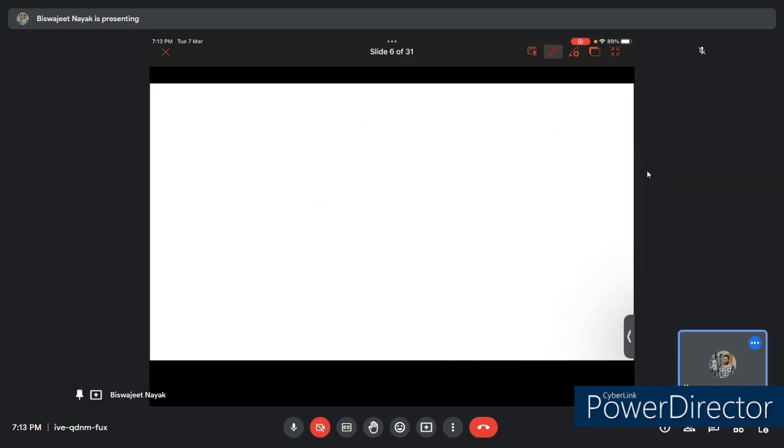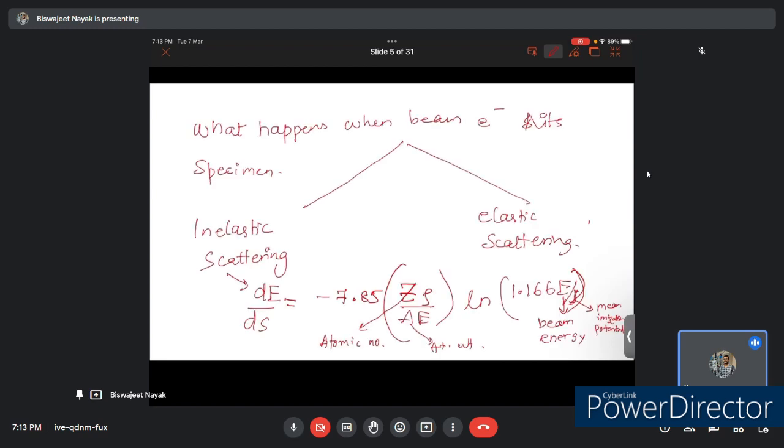This is also referred to as the very famous equation called the Bethe equation.